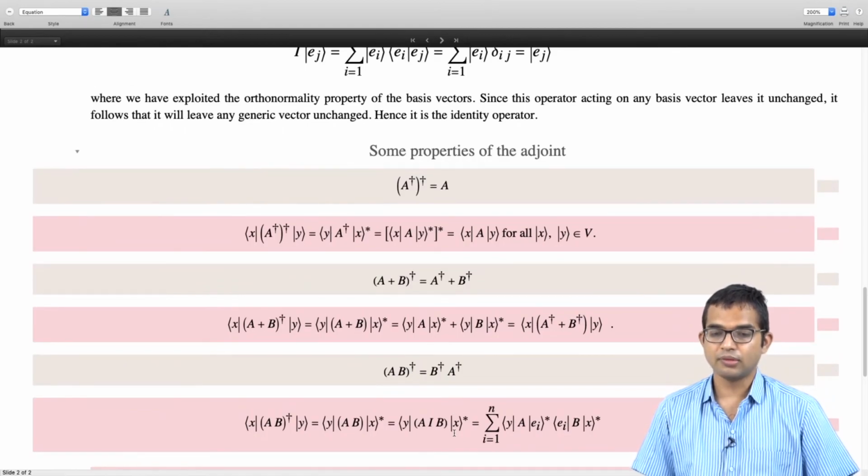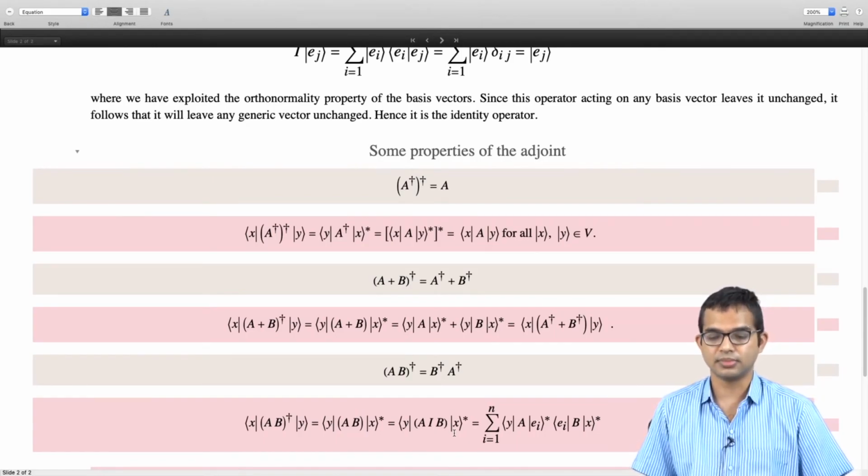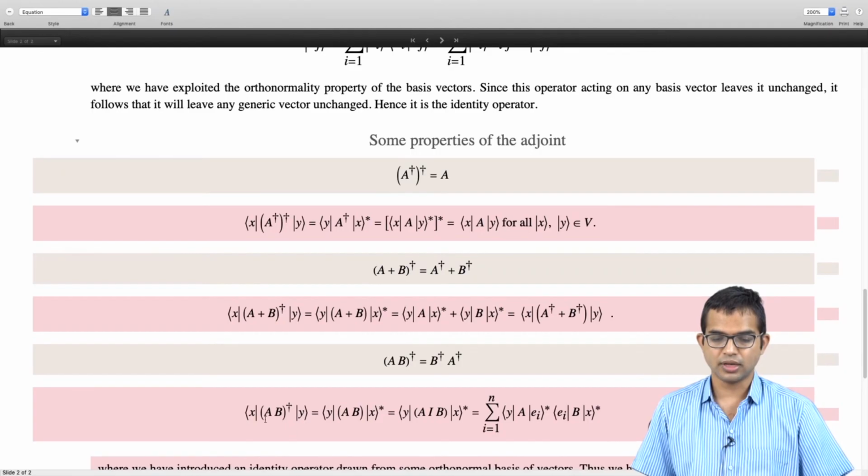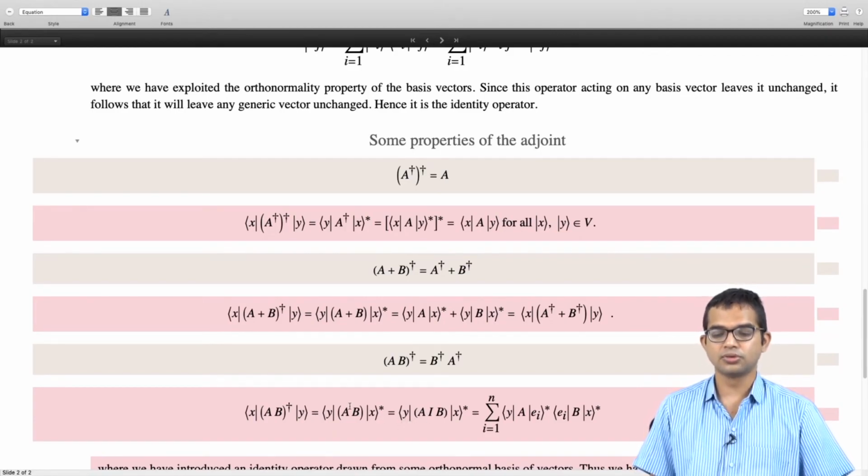Okay, here we will exploit this identity operation, and this also illustrates the power of this method. So you are given x, AB the whole dagger y is equal to y, ABX the whole star, which is from the first property. And then we introduce an identity, which can be brought in for free.